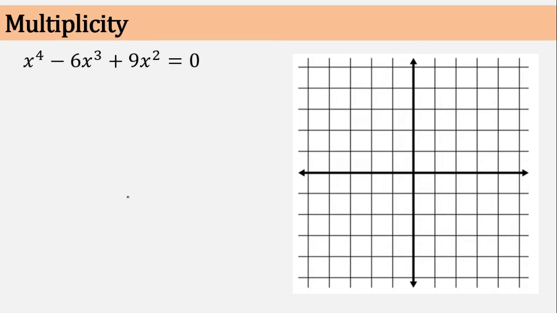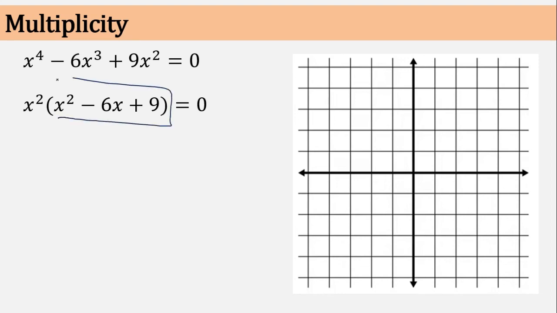Let's try this polynomial. If we're going to factor out this polynomial, we could use the common monomial factor to single this out. Now, to factor this, this is a perfect square trinomial. So if we factor that out, we will get this factor.